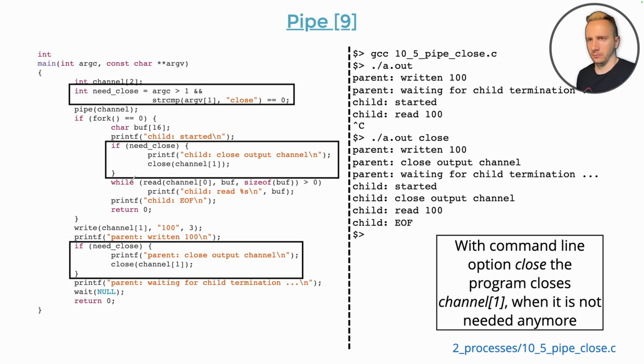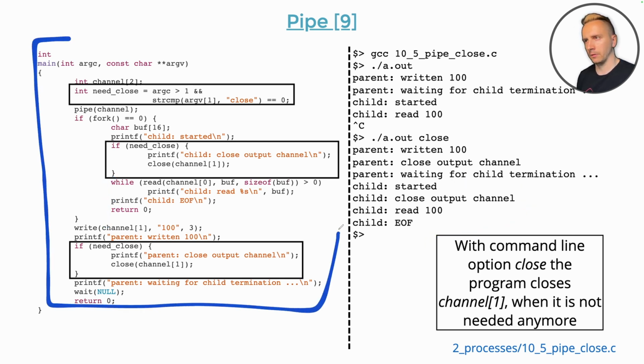And this allows, here in a loop, the first read to receive 100, but the second read will return 0. 0 means end of file, so the pipe is not readable anymore. And this while will exit, and then the child can finally return. And we can see that the program is not stuck anymore. This is what you absolutely have to do.